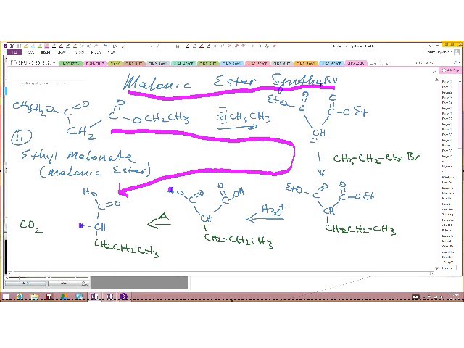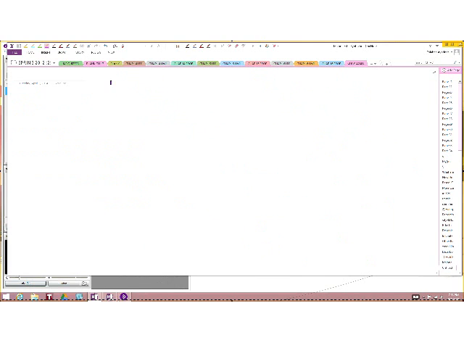Now, supposing we want to add two alkyl groups. The alkylation of malonic ester.